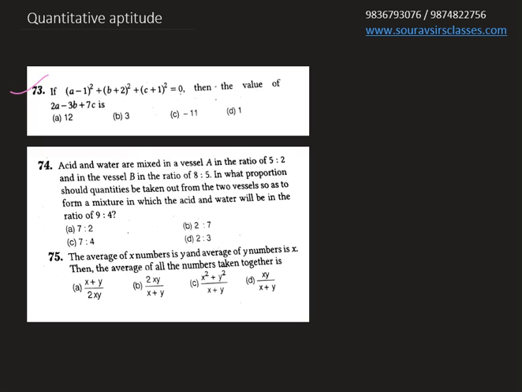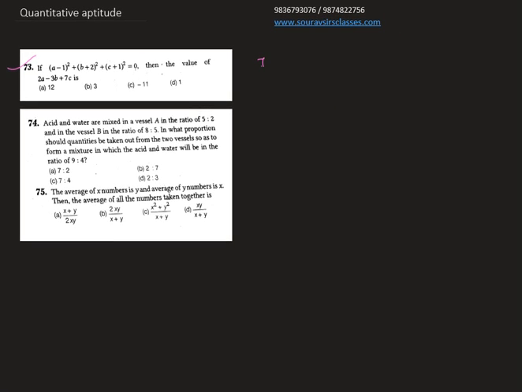Here we are given (a minus 1) square plus (b plus 2) square plus (c plus 1) square equals to 0, and we need to find the value of 2a minus 3b plus 7c. Given that (a minus 1) square plus (b plus 2) square plus (c plus 1) square is equals to 0.